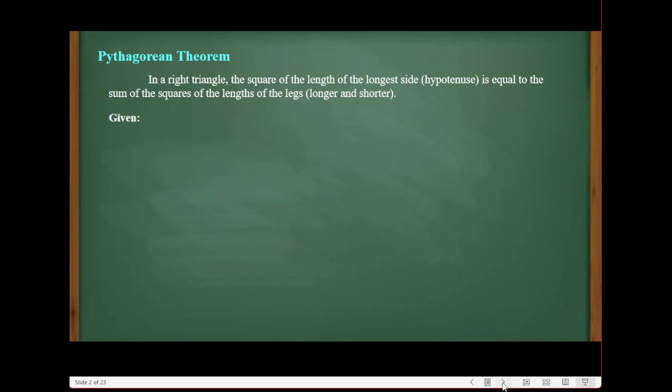Now for instance, we have a figure named as right triangle CAB, which is right angled at point C. Of course, we need to recall those sides from this right triangle.